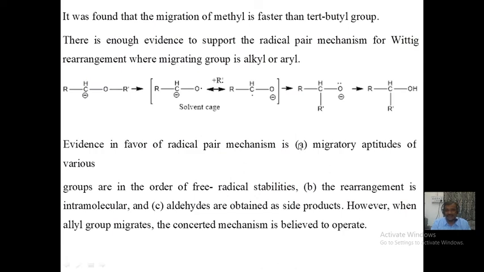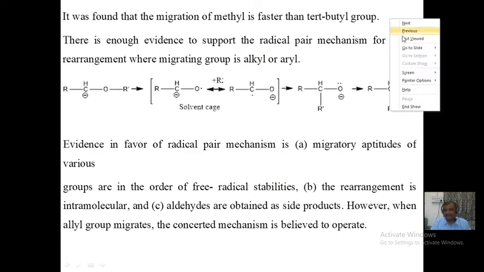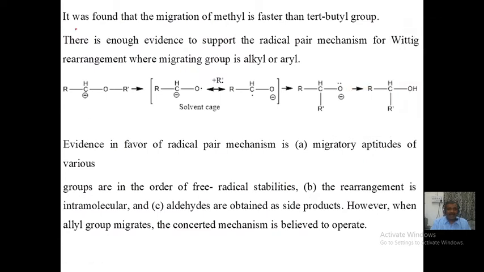Okay, it was found that the migration of the methyl group, just in the previous slide, is much faster than the tertiary butyl group. Okay. So there is one more view to look at the similar kind of rearrangement. This is the radical pathway.